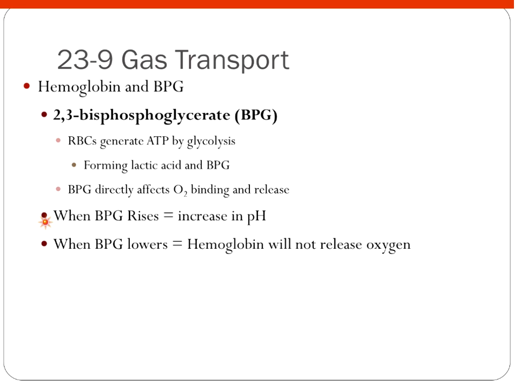So when bisphosphoglycerate rises, that is an indication of a healthy red blood cell, because we need that red blood cell to make energy and to be able to do its job, that it's not on its last leg, it's not at the end of that 120-day cycle. So if that number rises, there's an increase in the pH.